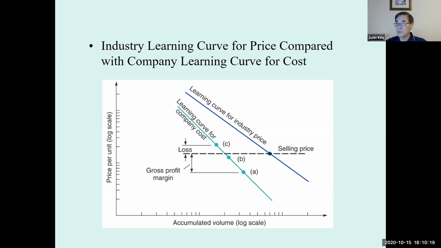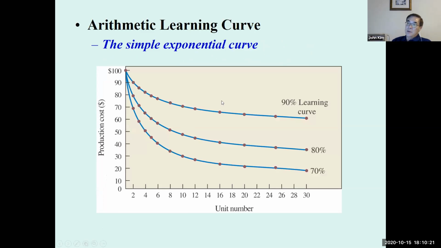Okay, here, learning percent. There are two types of learning curve. The first one is the arithmetic learning curve. This one is a simple exponential curve. If the learning percentage is 90, it looks like this, and then 80, deeper, and then 70, deeper, and so on.